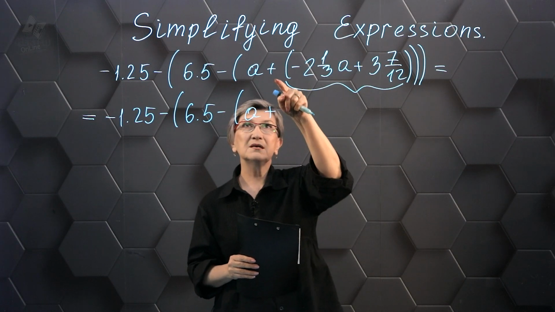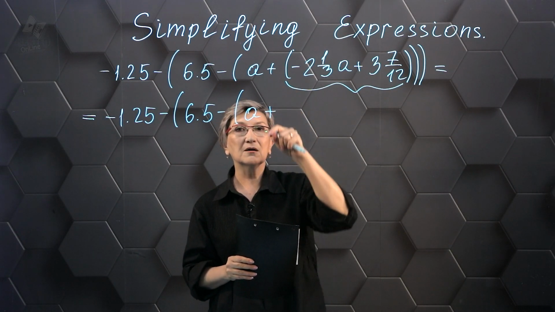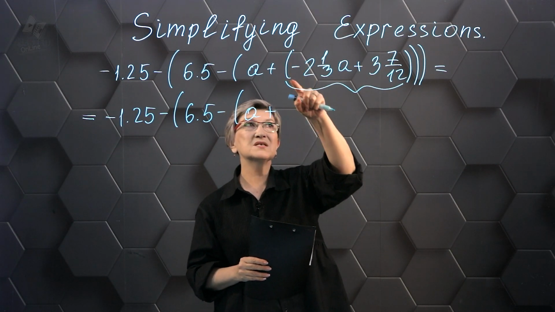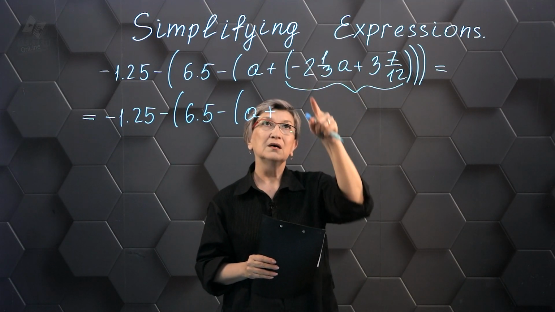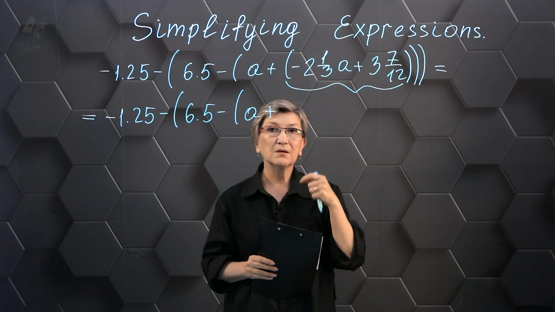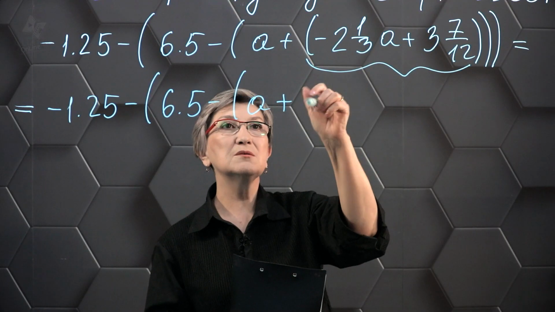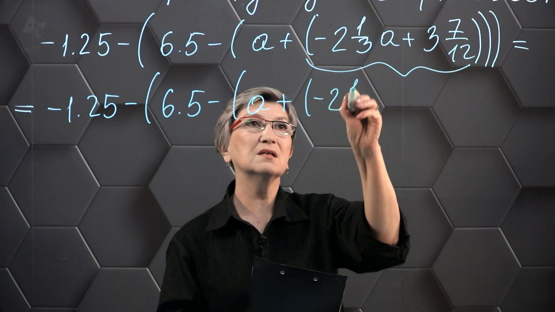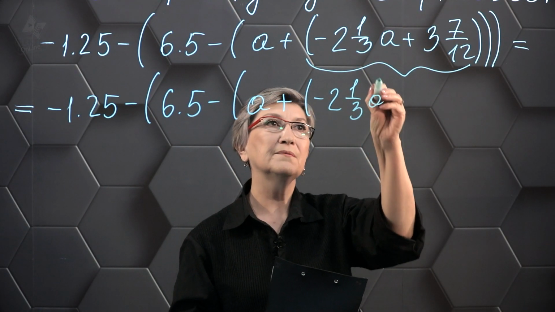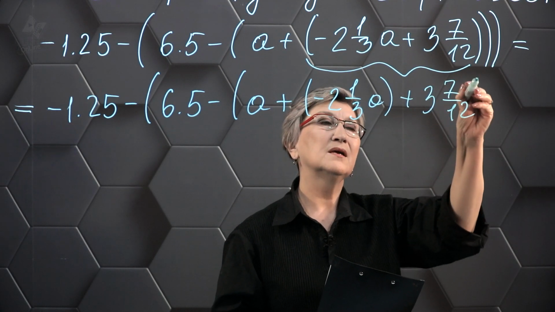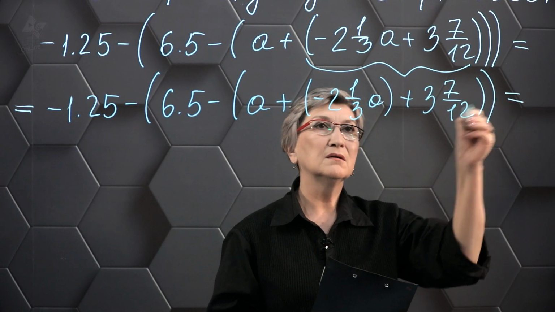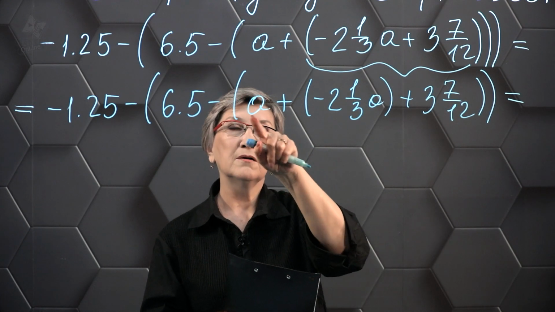By rule, if there is a plus sign in front of a parenthesis, we can write the expression without the parenthesis, with the signs remaining the same. The result is minus 2 1/3 a plus 3 7/12. And as a result, we can find similar summands in this bracket.